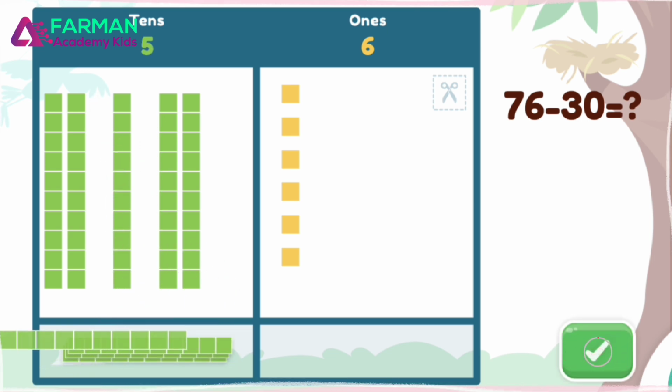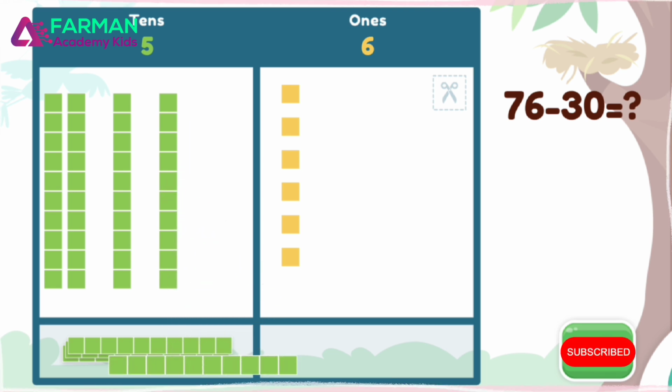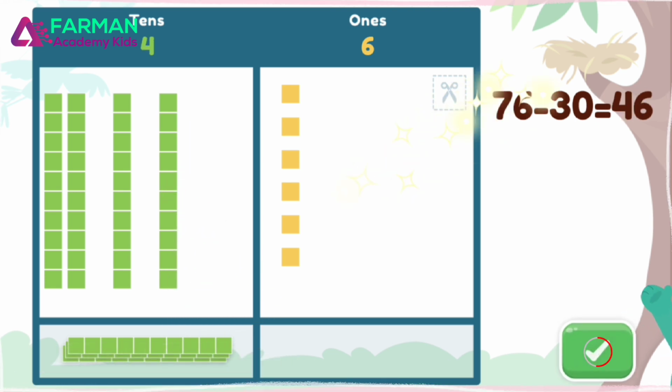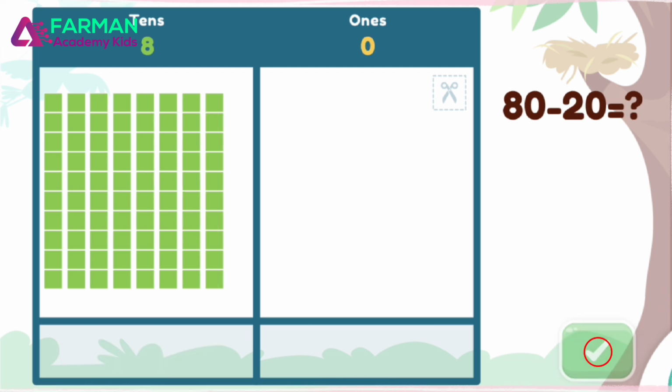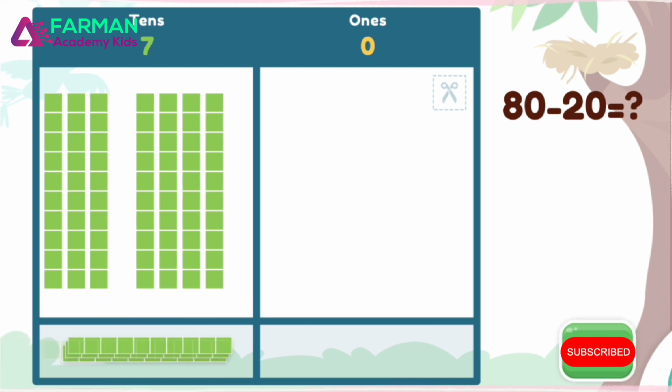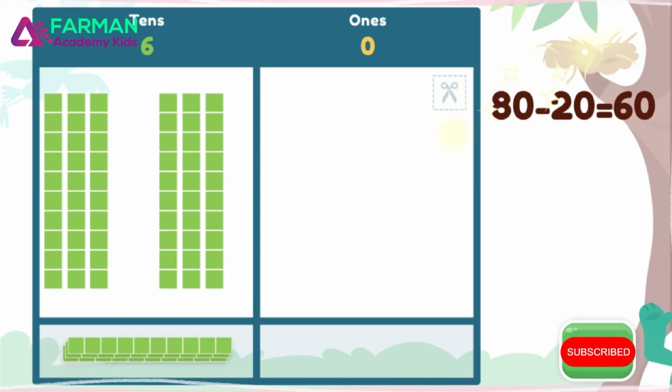There is 30. In the frame, remove 2 rods to take away 20. Super! You took away 2 rods. 30 minus 20 equals 10.